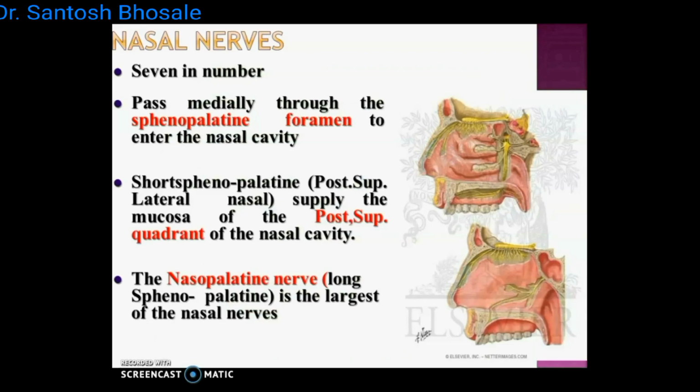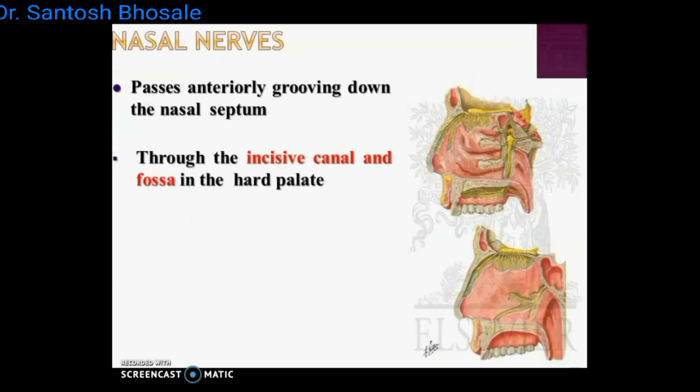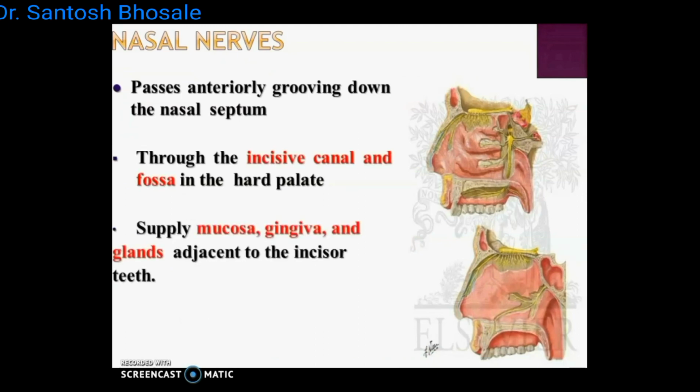You can see they pass via the spinopalatine foramina and supply mucosa, gingiva and glands, the palatine glands.